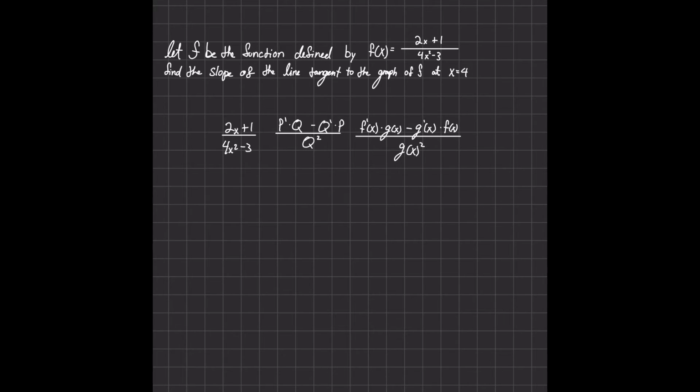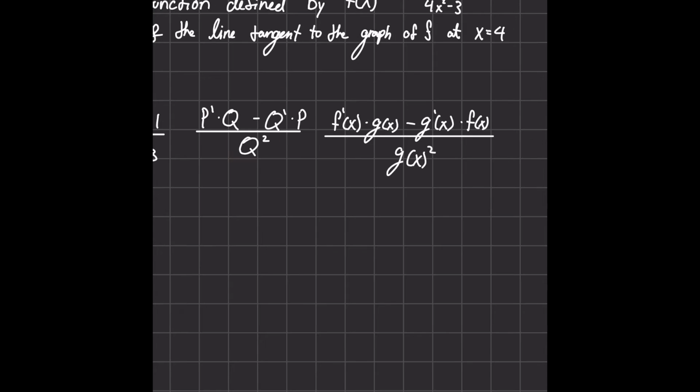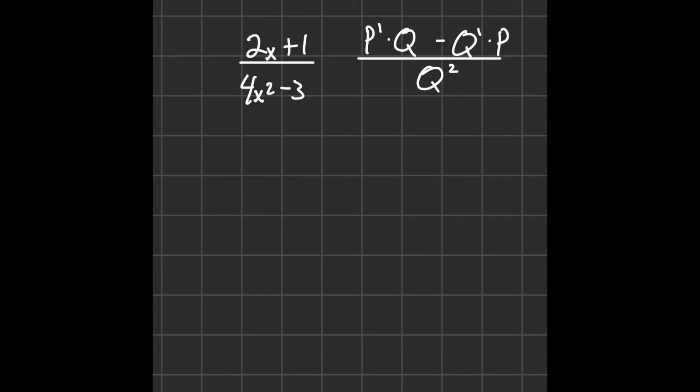Pretty much the exact same thing. For simplicity purposes, I am going to be using the first one simply because that is how my brain works. So what is p and what is q? P is the numerator, q the denominator.